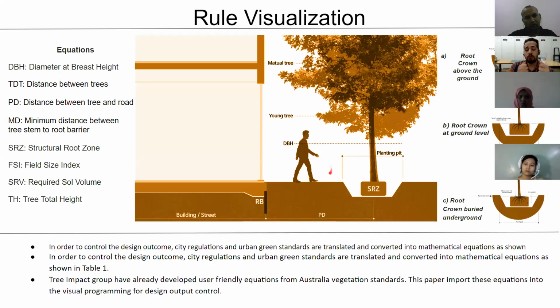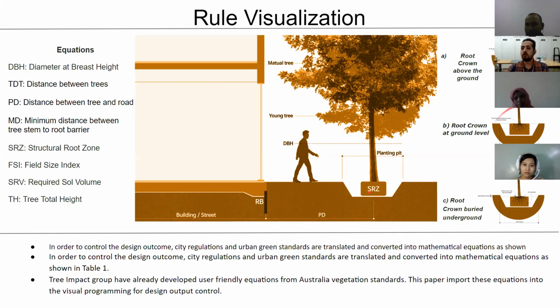We have class A, which is tall, slender growing species, and we have the medium height trees, and then we have the small scale trees. Basically, we targeted the architectural specifications of the trees, like the shape and the size and the scale of it in relation to the urban context.